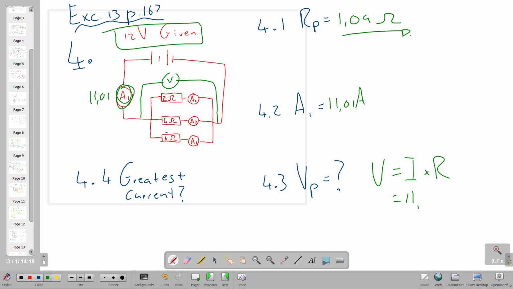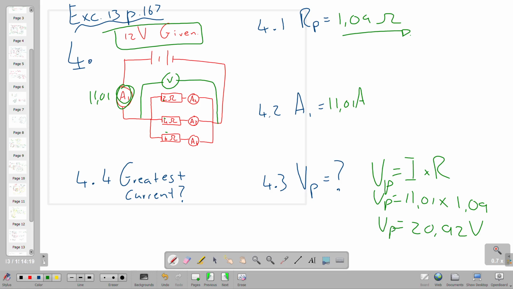So it's 11.01. What's the resistance of the parallel? Well, the resistance of the parallel we calculated is 1.09, right? And if you just put that in your calculator, you'll find an answer of 20.92 volts. Alright.